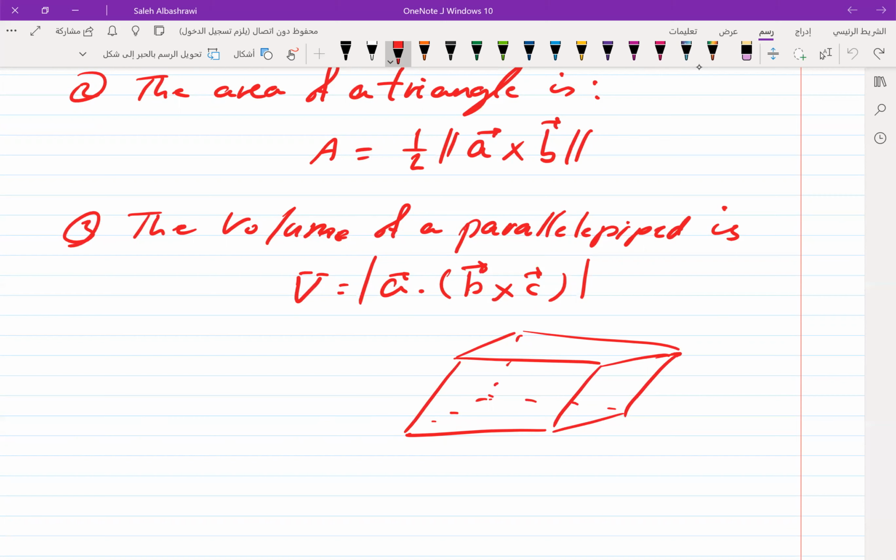V equal to A dot B cross C, or the absolute value of A dot B cross C. That will give me the volume of the parallelepiped.